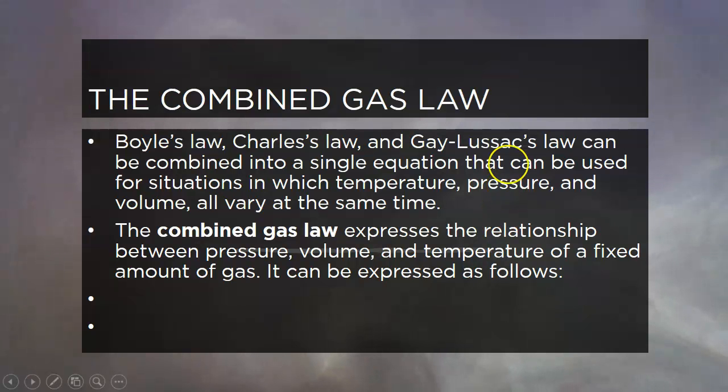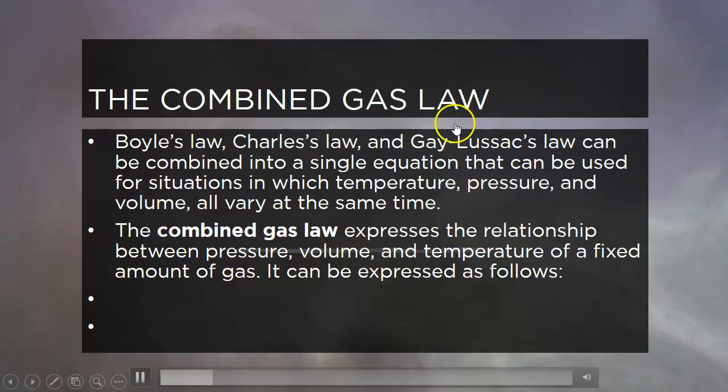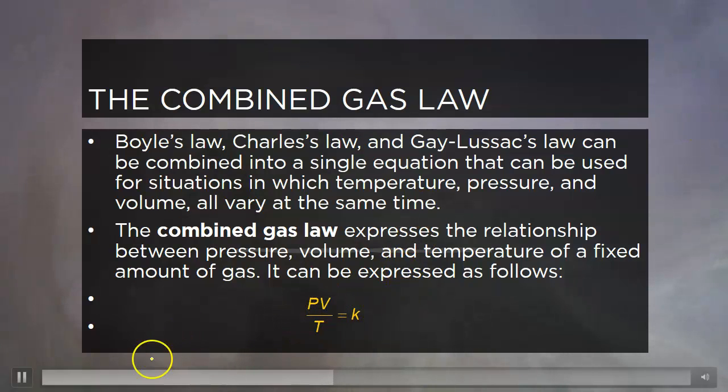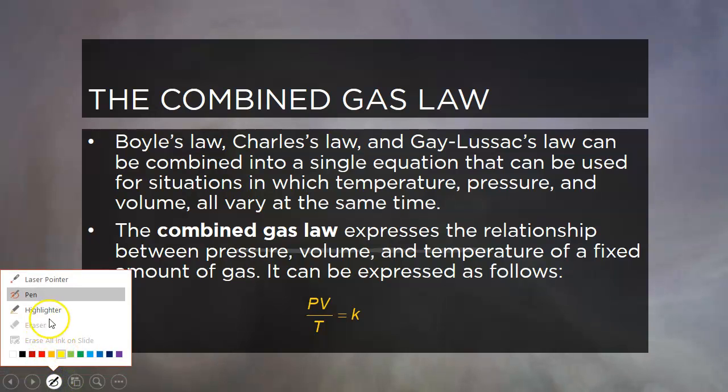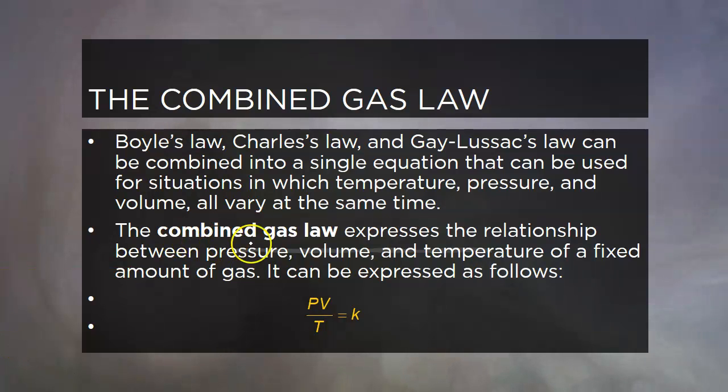So we have one last law that puts all three of these together. We call it the combined gas law. Boyle's law, Charles' law, and Gay-Lussac's law all fit into one equation that looks like this. If I take PV over T, it's going to equal a constant, and you should be able to see remnants of each of the three equations in there.